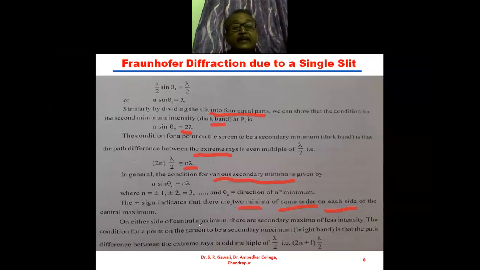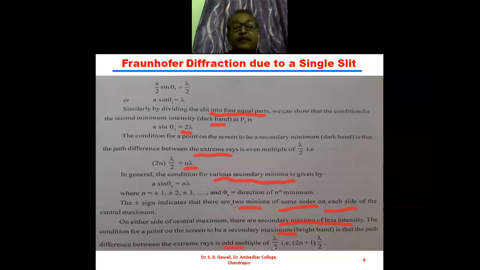Then on either side of the central maximum, there are secondary maxima of less intensity. Just as we get secondary minima, we will also get secondary maxima. The condition for a point on the screen to be a secondary maximum, that is a bright band, is that the path difference between the extreme rays is an odd multiple of lambda by 2.